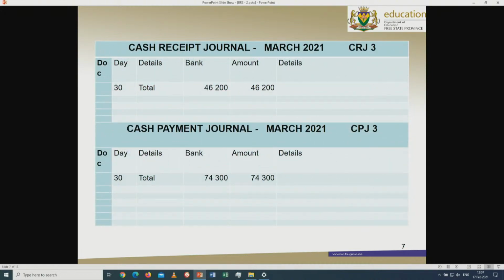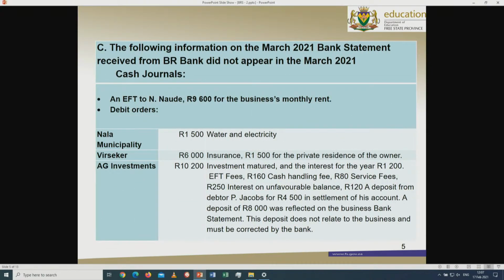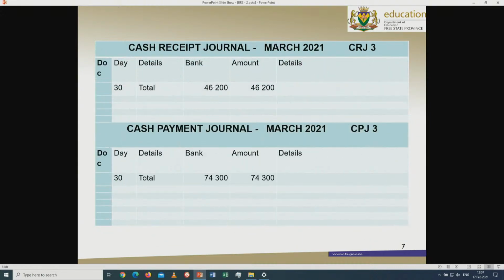Let's go back to that transaction so that you can see. We said EFT fees, which is 160. If you add 160 plus 80 rand plus 250, it will give us that 490, which is our bank charges.